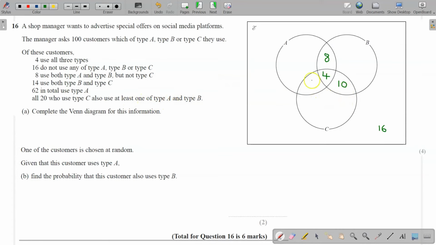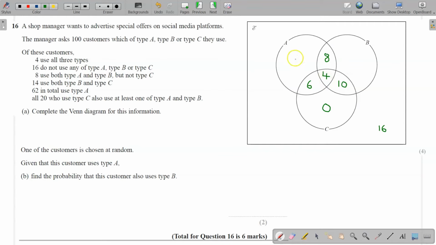So this has to make 20, meaning that must be 0, and this must be 6. Because basically there's no one who uses just type C on its own, you see.